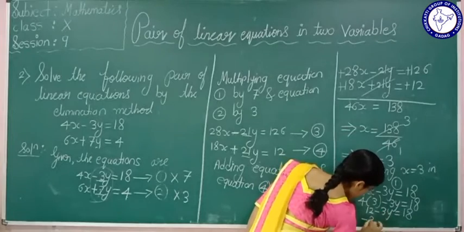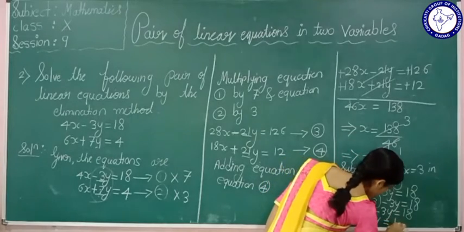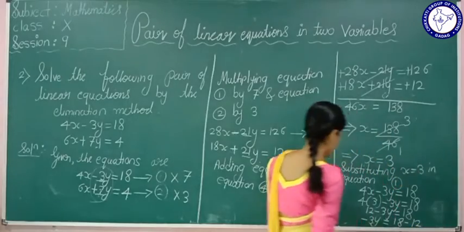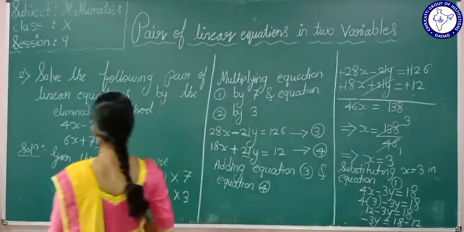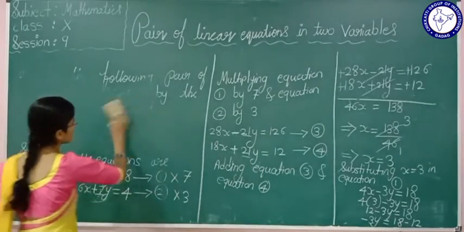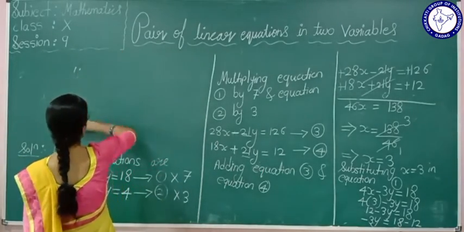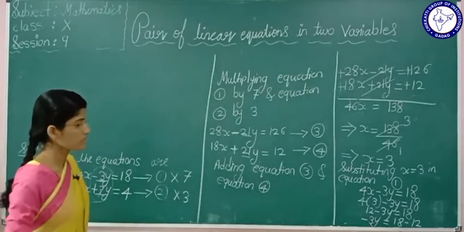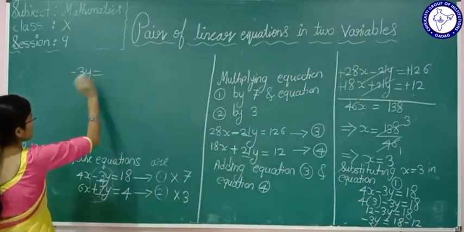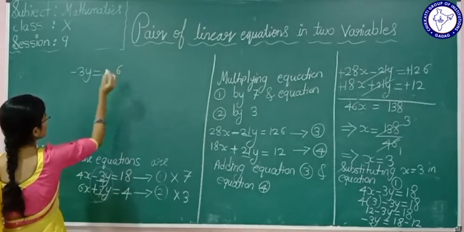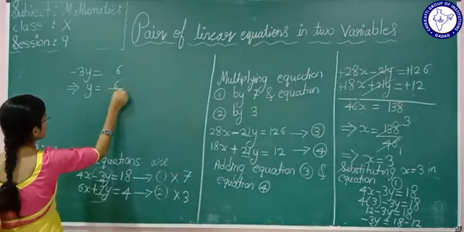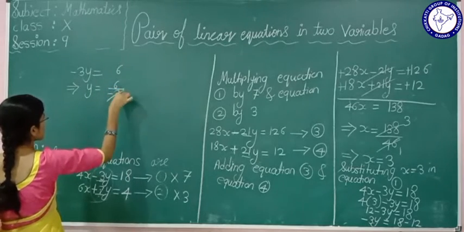So what is minus 3y is equal to? That will become 18 minus 12. What is 18 minus 12, student? It will be 6. Minus 3y is equal to 6, this implies y is equal to 6 divided by minus 3. 3 twos are 6.